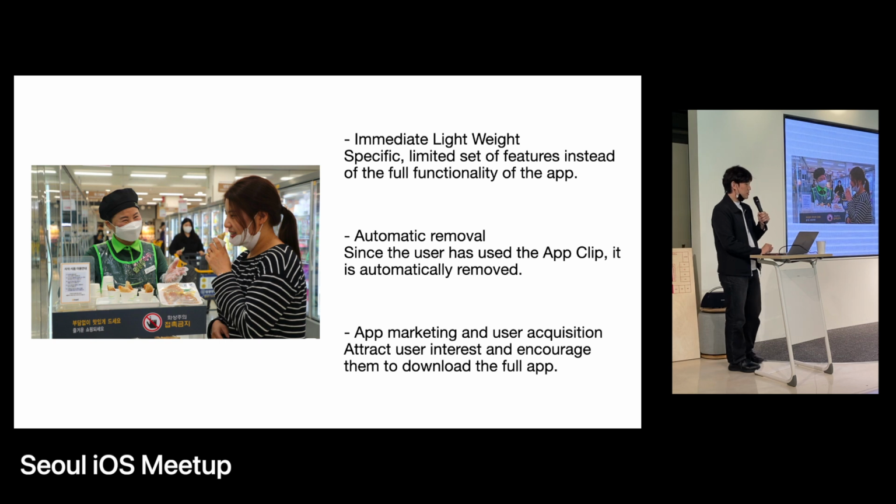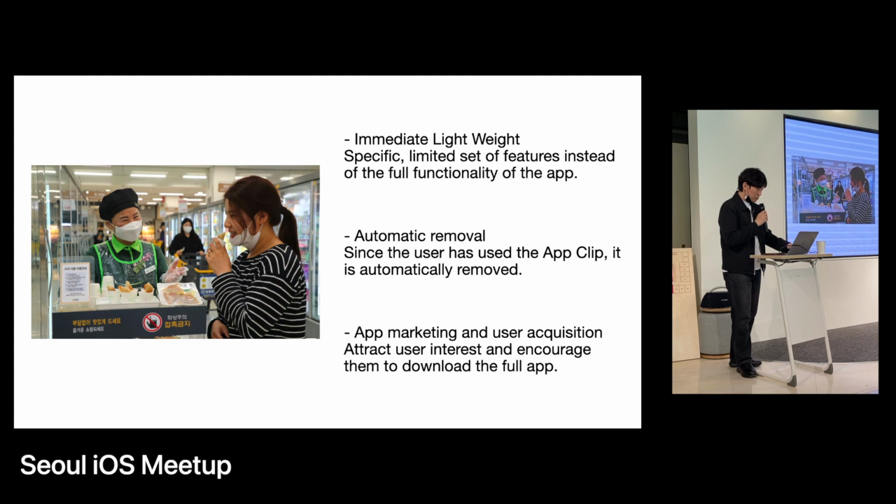Like I said, this is a wonderful way for app marketing and user acquisition. You can attract the user: hey, if our app is really good, you don't have to download it, you can just try it. So I think this is the best way to appeal our apps to the user.